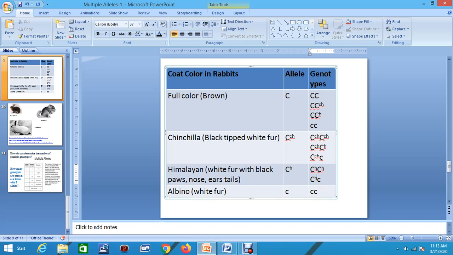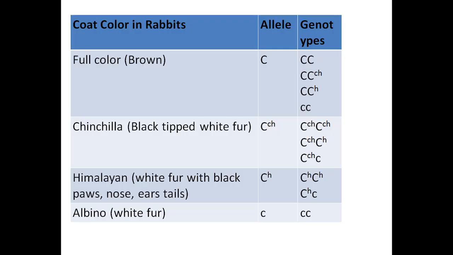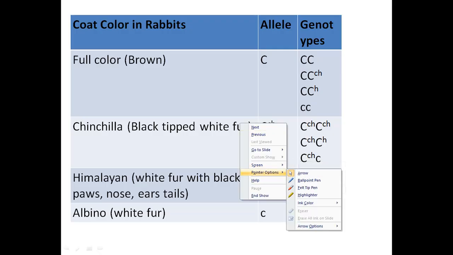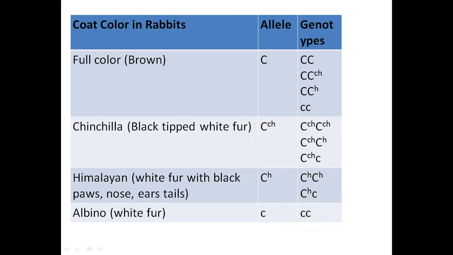So a heterozygous condition will be there. Okay, now I go back to the pointer option. And then albino, white fur, will be pure homozygous recessive.